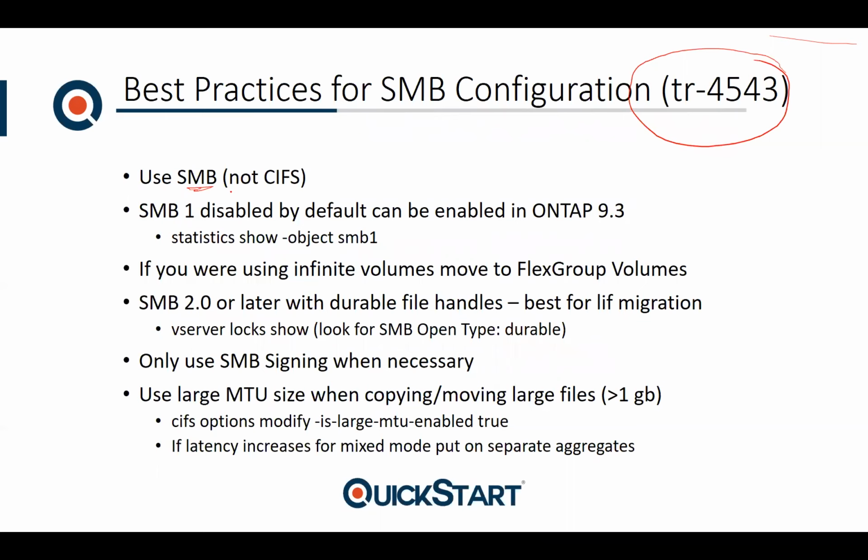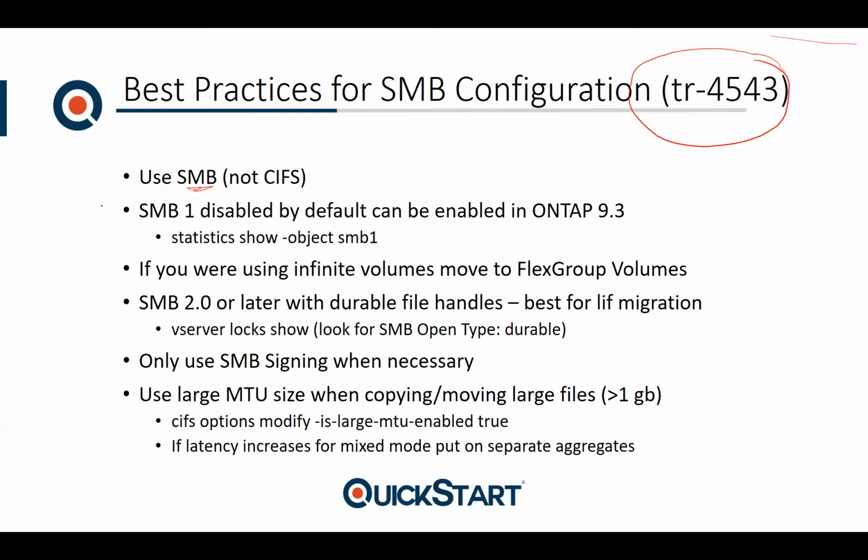But really, once we started doing SMB 2.0 and 3.0, even Microsoft said, okay, we're just going to call it SMB, which is what it really is. So call it SMB, not SIFs. When I do training, I always call it both, like SMB or SIFs, because I want to make sure people understand what I'm talking about. But it really should be called SMB nowadays.